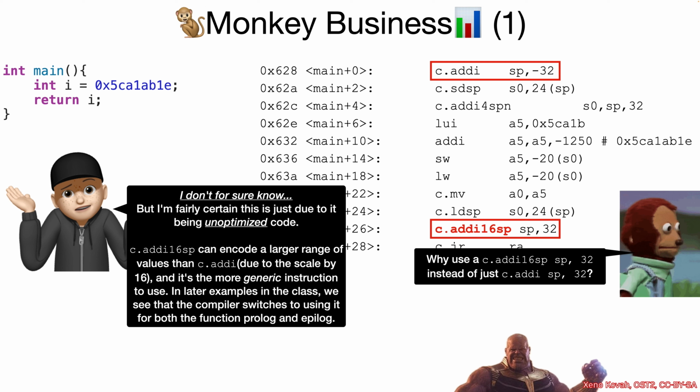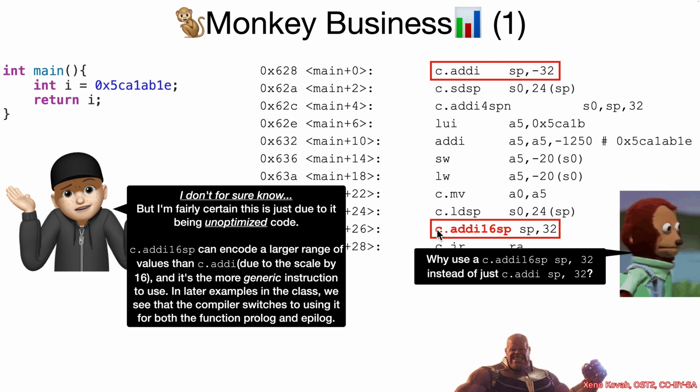Well, I don't strictly know, but I am reasonably sure that this is fundamentally down to it being heuristics due to unoptimized code. The reality is, if we know the size of the stack pointer is changing by multiples of 16, compressed add-i 16 is actually a much better instruction to use because it can do a larger range due to that scaling by 16.